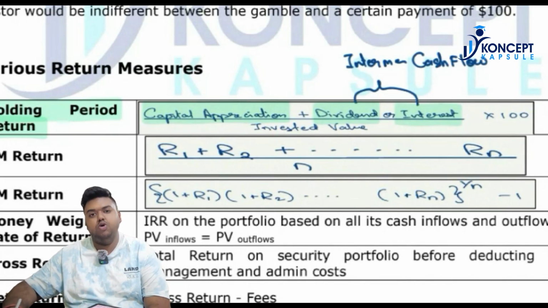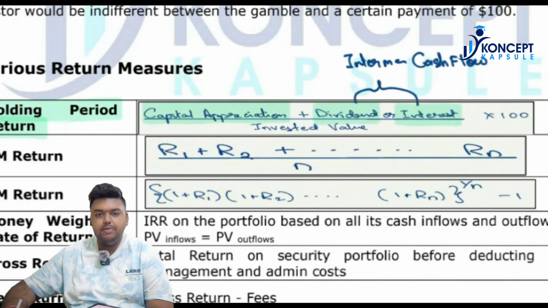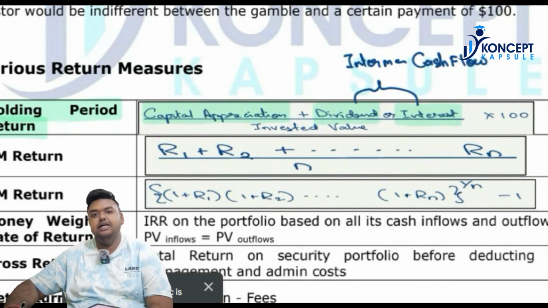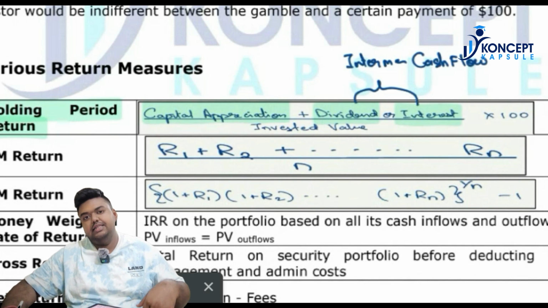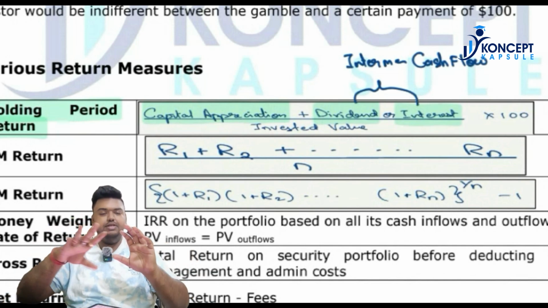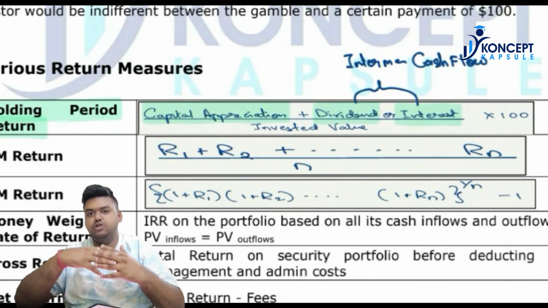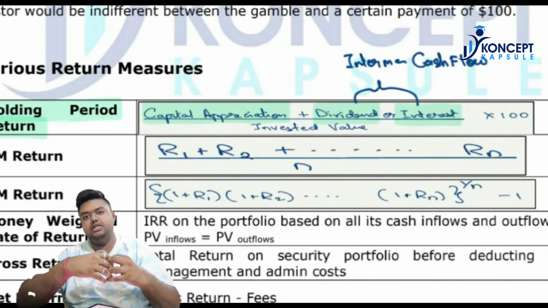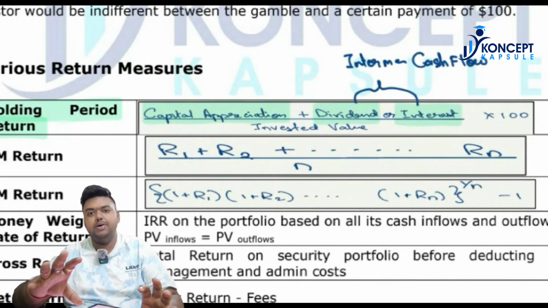If you invest in a bond, you will get a coupon payment. If you invest in real estate, you might get rental income. Correct? That is why over the period for which you have held the asset, what is the capital appreciation? I don't think after making so many videos for you, I need to explain what capital appreciation is. So I'm assuming that you are aware of it.